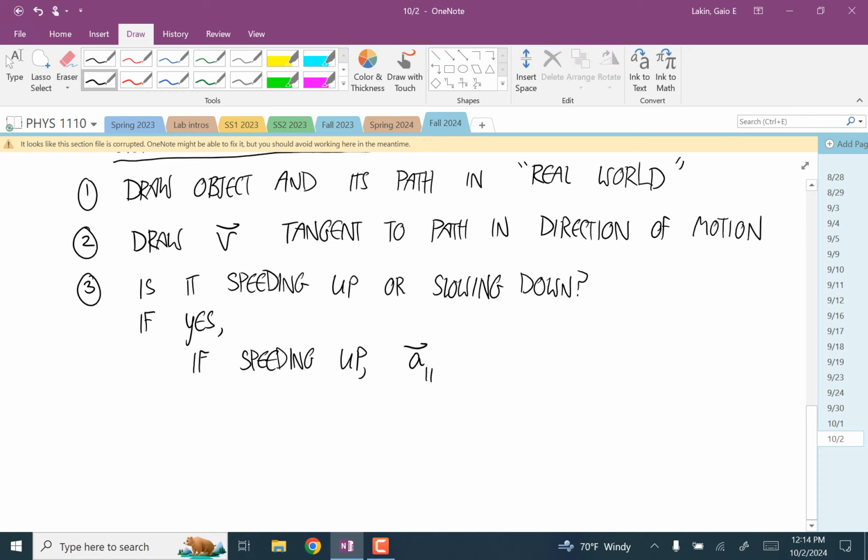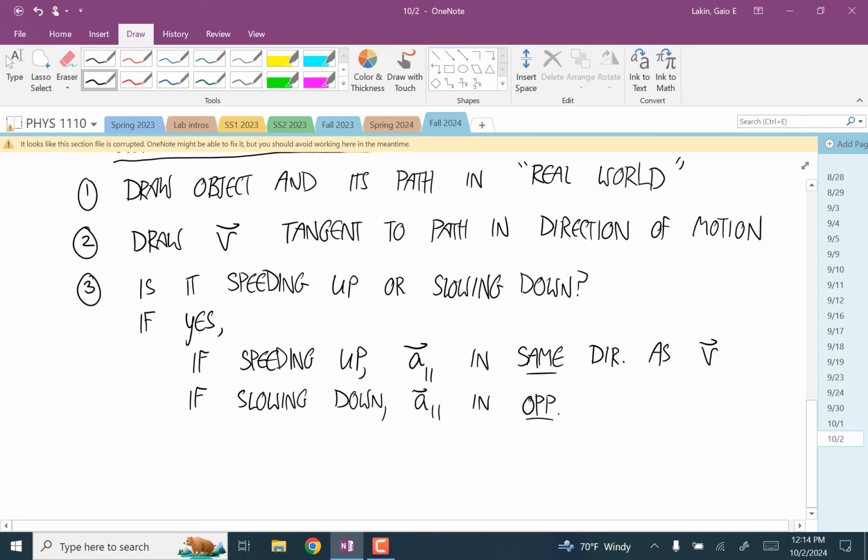A parallel is in the same direction as the velocity. And if it's slowing down, A parallel is in the opposite direction of the velocity.